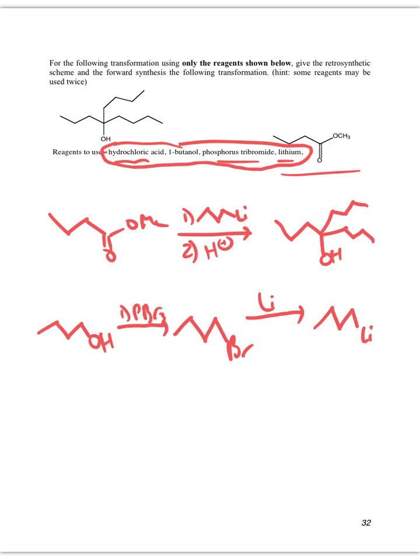Okay, so in a problem like this, if the problem tells you what you can use, you have to be careful and only use that information. Don't change the problem by adding reagents you want to use. So this one is one way to do that.